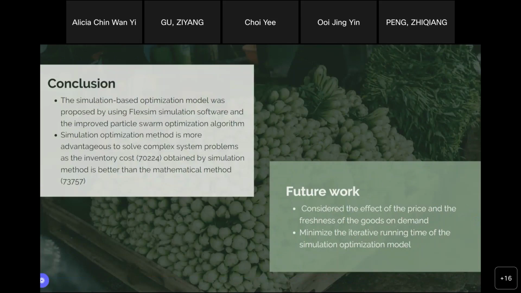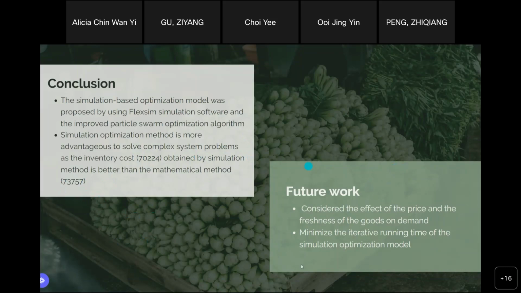From the simulation results, the inventory cost obtained by the simulation method, which is 70,224, is better than the mathematical method, which is 73,757. Lastly, we can know from the above analysis that the control policy of multi-echelon inventory is a complex problem which is restricted by many factors.